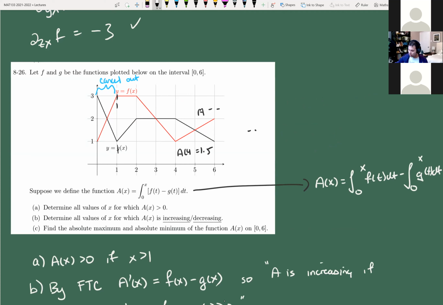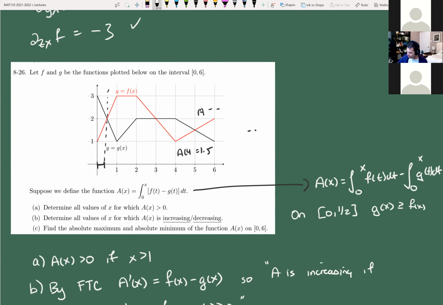And we said, okay, let's look at an interval. So if I look at 0 to a half, on 0 to a half, we have that g of x is greater than or equal to f of x, right?